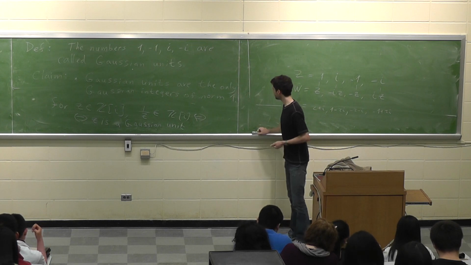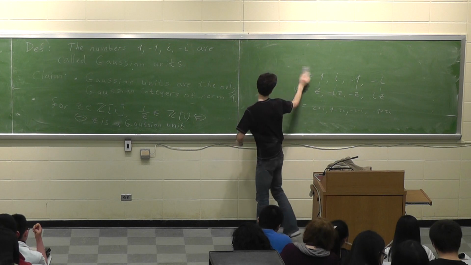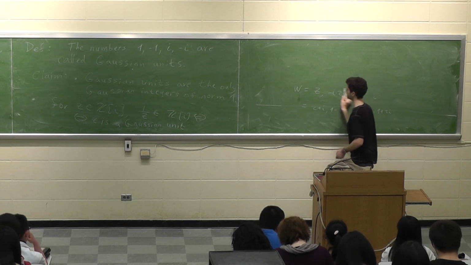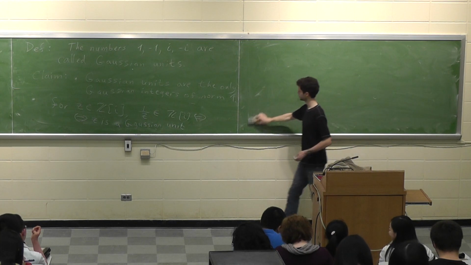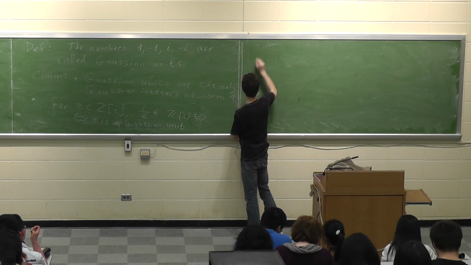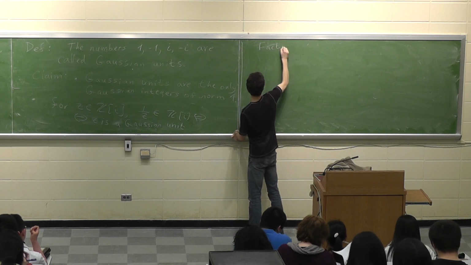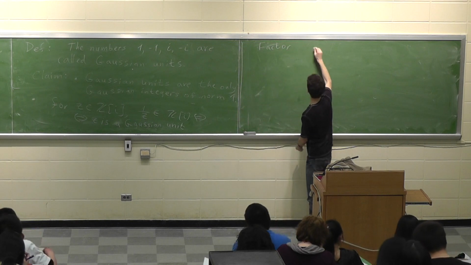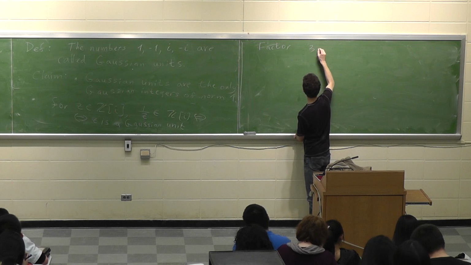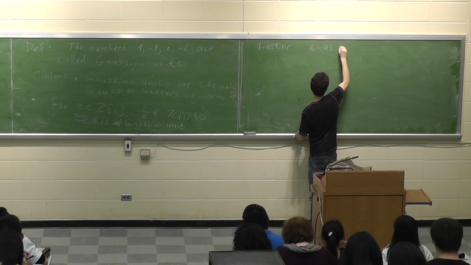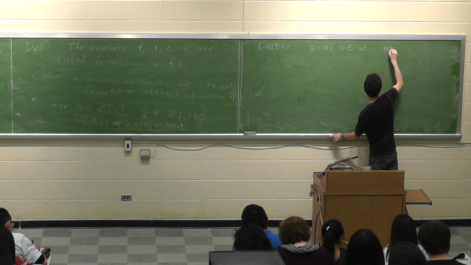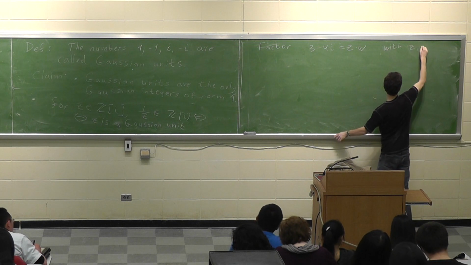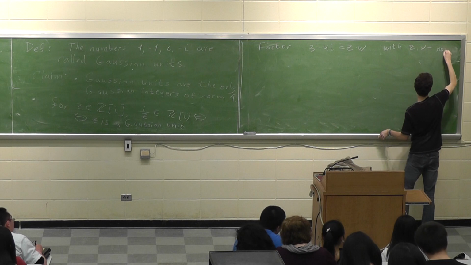Okay, let's repeat this process but with a more interesting number. Let's factor another number, 3 minus 4i, as z times w, with z and w non-units.